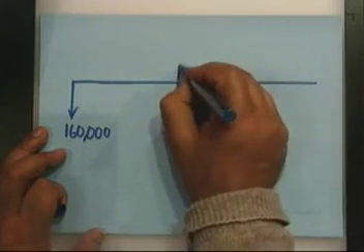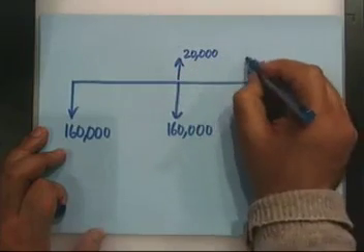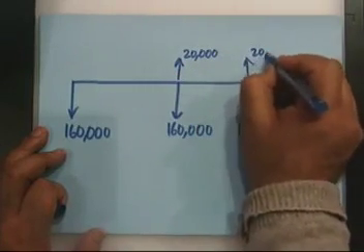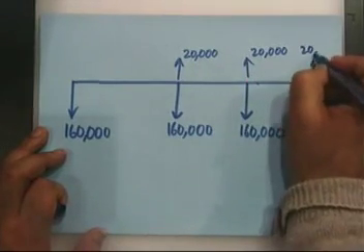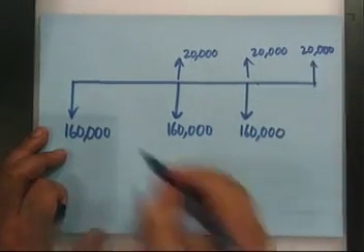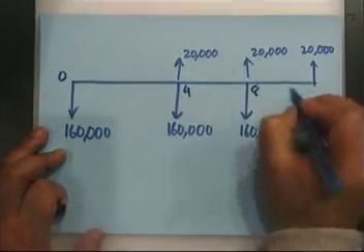Here you will get 20,000 as salvage value, here also you will get 20,000 as salvage value, and finally here also you will get salvage value. This is end of year 0, this is 4, this is 8 and this is 12.